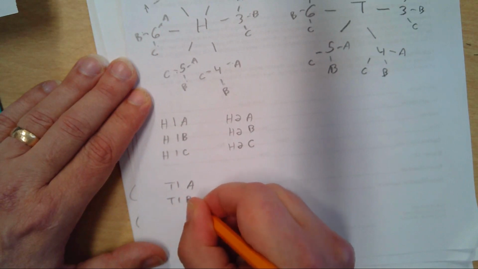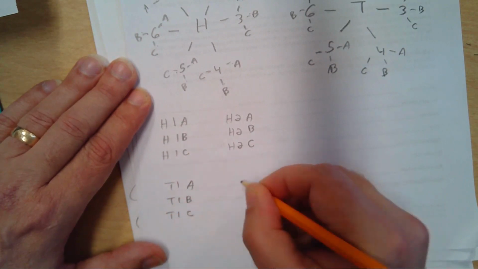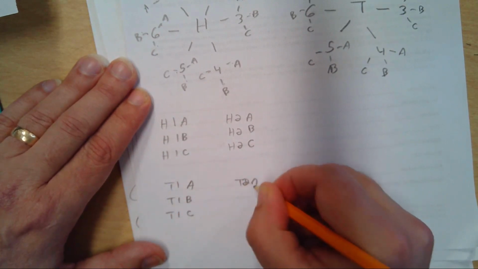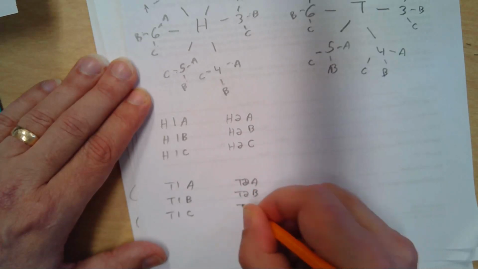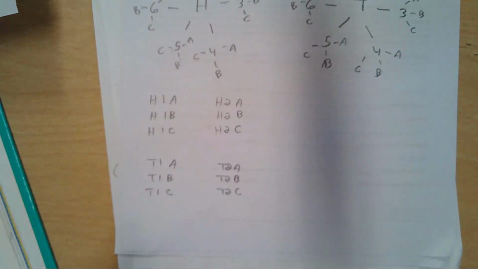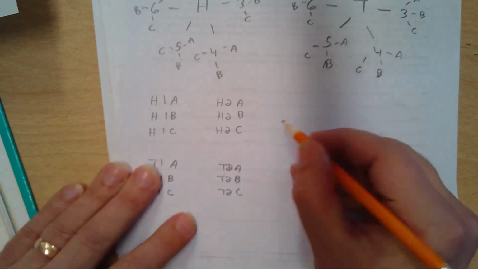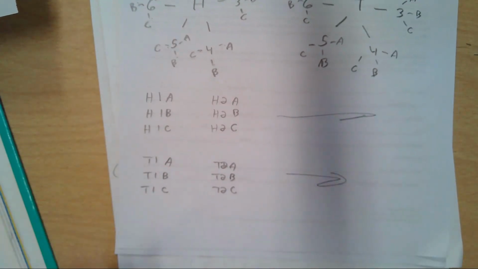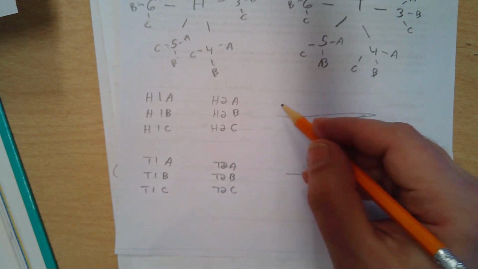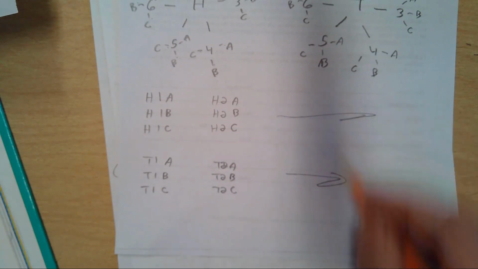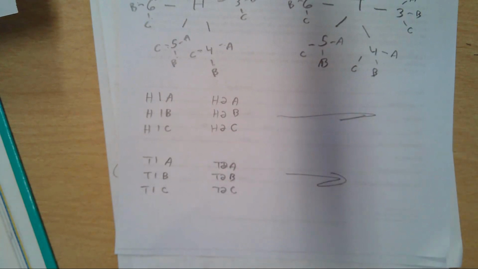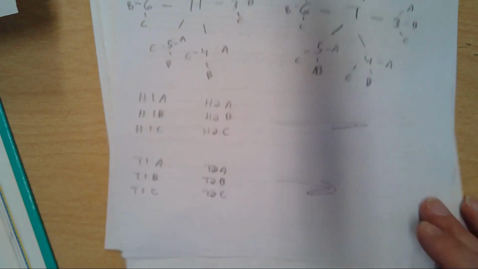Tails 1 and an A, tails 1 and a B, tails 1 and a C, tails 2A, tails 2B, tails 2C, and on it goes. I assure you, I just don't want to write them all out. There would be 36 of them. So I do all the H3s, T3s, H4s, T4s, and so on.